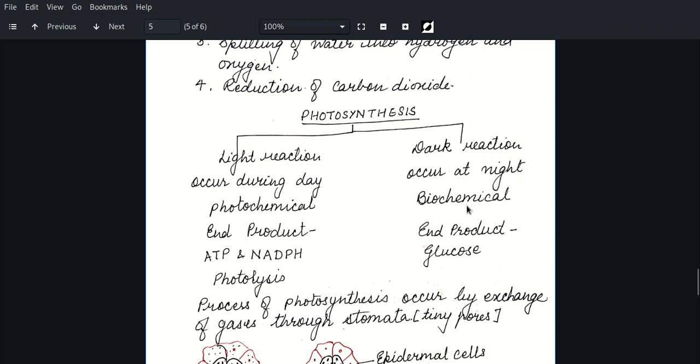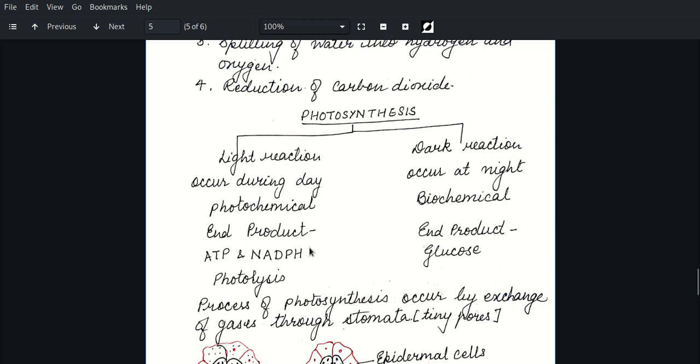It means it occurs in the plant itself without utilizing solar energy. Then how does this reaction take place if no energy is available? Dark reaction utilizes the energy which is produced during day, during light reaction.